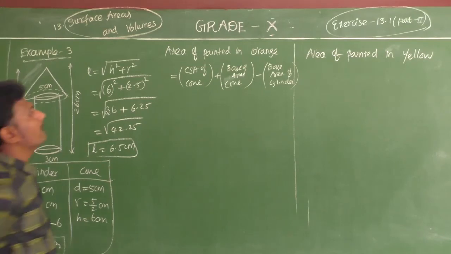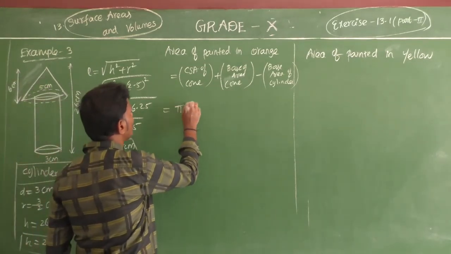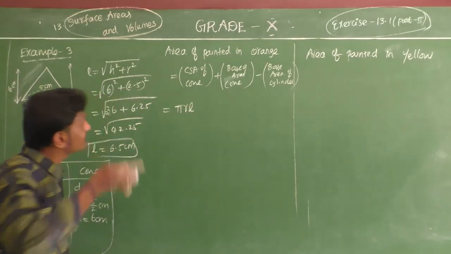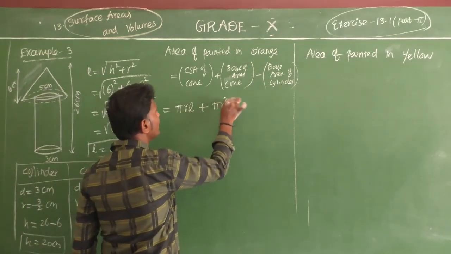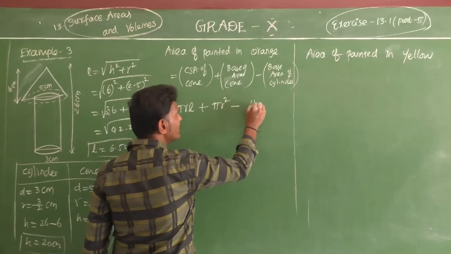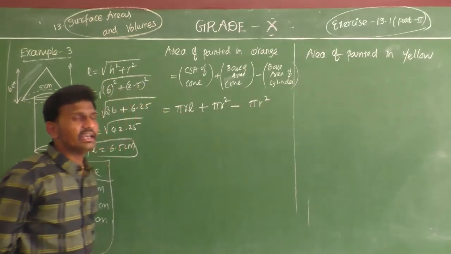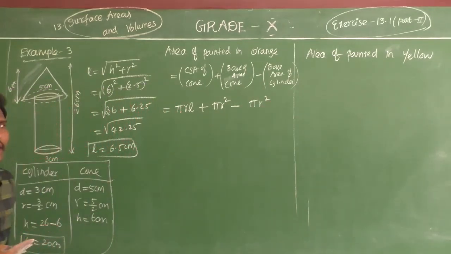Okay. Now the CSA of your cone has the formula pi r l, and the base area of the cone is pi r square, and the base area of the cylinder is also pi r square. That's why I am going to give you some difference between these two radii.